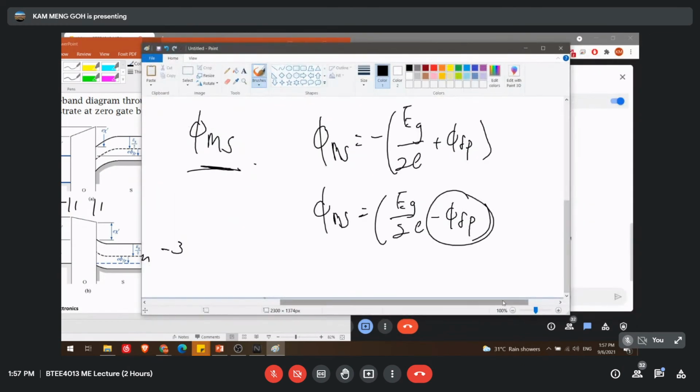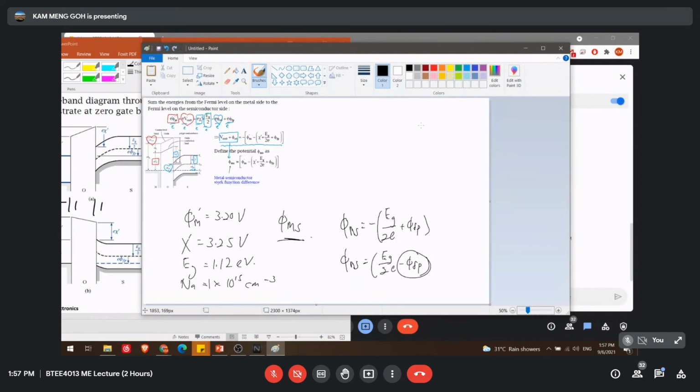But how are we going to find this? We have already learned this just now. This will be equal to kT over E ln Na over Ni. So at first you find the Fp, and then replace it inside here.